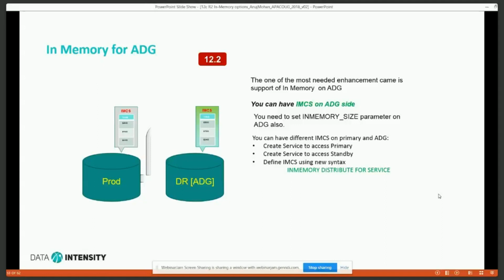Then when you create a table, you say in-memory, and there is a keyword DISTRIBUTE FOR SERVICE and the service name. So you can say prod or standby, whatever service you created, and that way the system will know from where this needs to be retrieved.